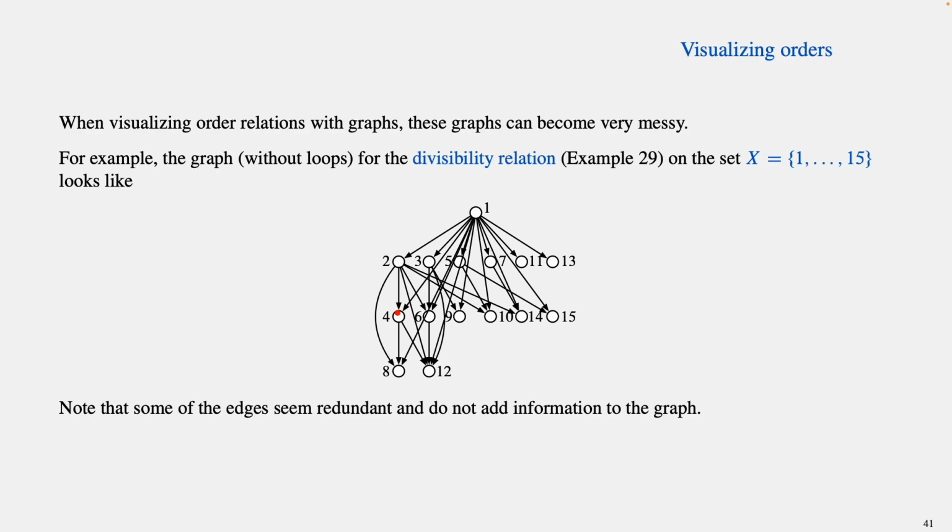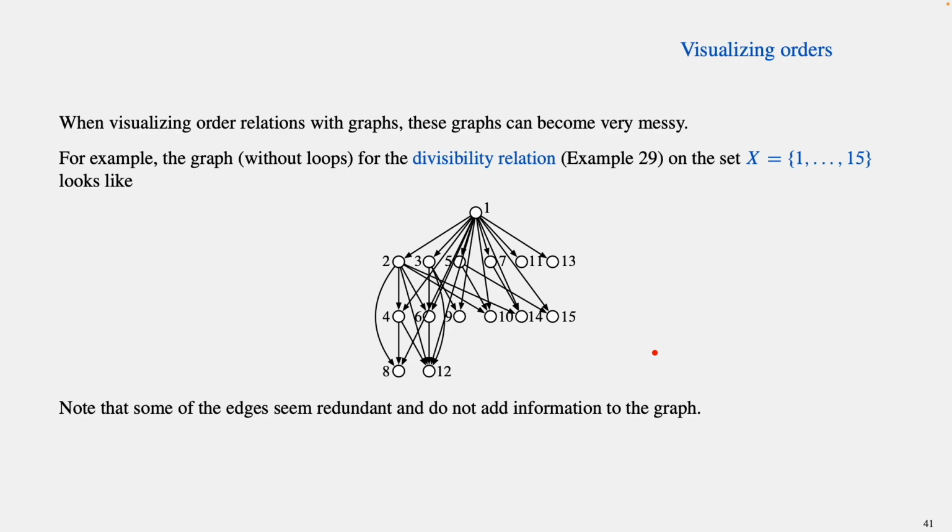So in principle, each vertex here would, in addition, have a loop connecting it to itself, but that would just look too horrible and you wouldn't see anything anymore. But if you follow the arrows in this graph, then you will actually see that it is the graph for the divisibility relation. For example, 5 divides 10, 5 divides 15, and so on.